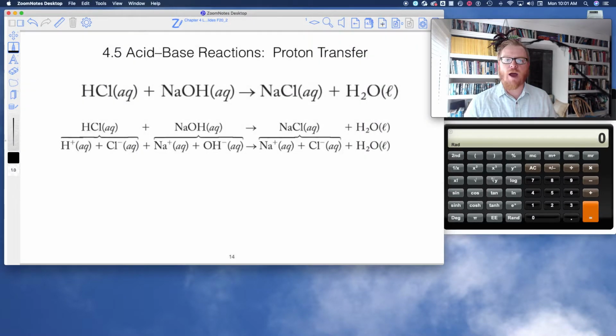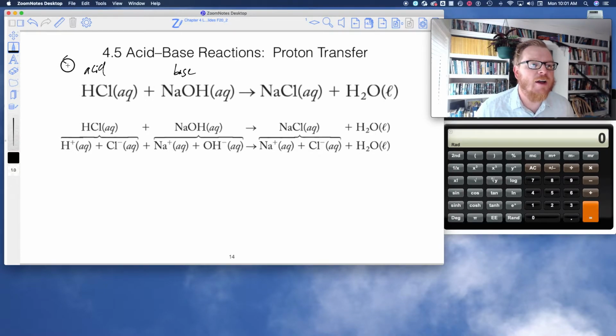Okay, moving right along. So now if we look at HCl, still our acid, but now reacting with sodium hydroxide. Sodium hydroxide is a base, it's a proton acceptor. HCl, I've told you already, is a strong acid.